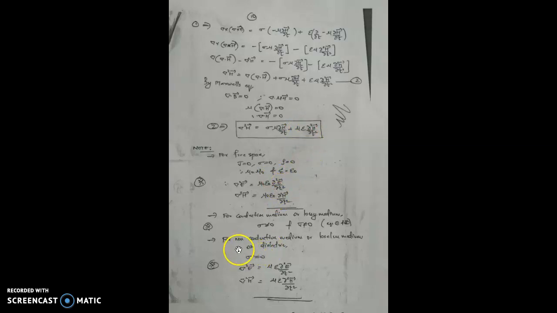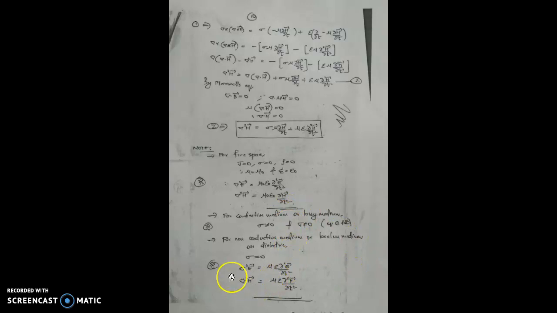Likewise for a non-conductive medium, or a lossless dielectric. For a lossless dielectric, we know that sigma is equal to 0, epsilon is equal to epsilon 0 epsilon r, and mu is equal to mu 0 mu r.